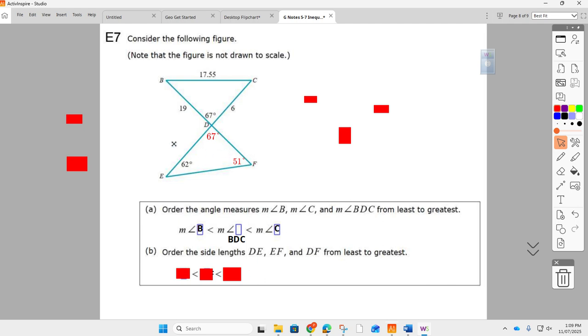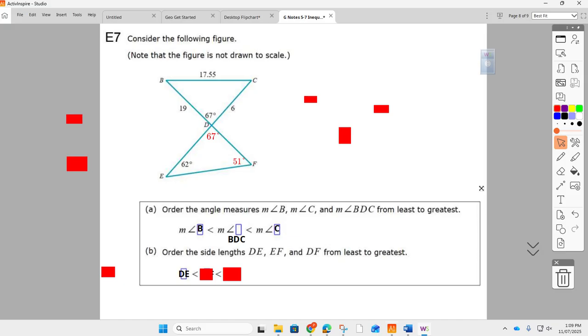What's the shortest side in the bottom triangle, Lynn? Very good. Across from the smallest angle. What's the medium length side in that bottom triangle? 15?